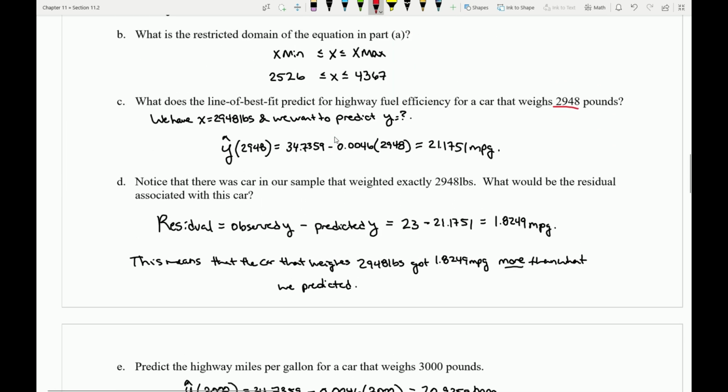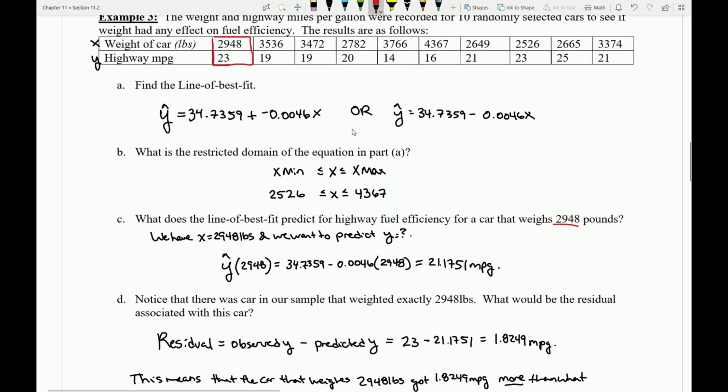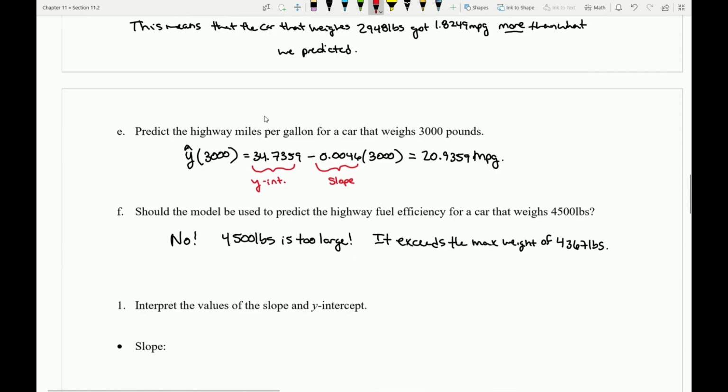And so I can see that even when I take a look at this more general equation that I have up here, this value of negative 0.0046 is my slope, and the value here for my y-intercept that I'm going to use is 34.7359. So let's look at that slope value and try to interpret it.